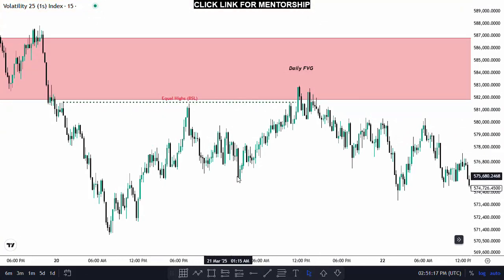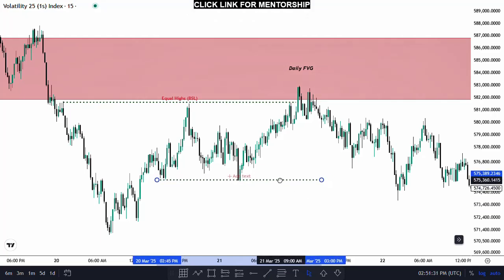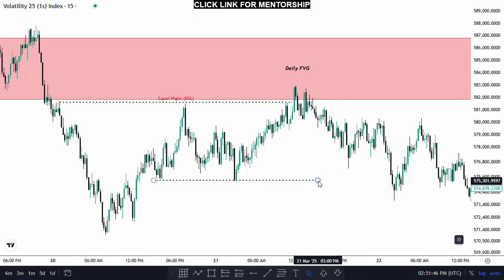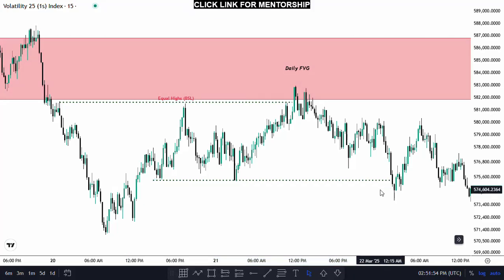Down here what we have are equal lows, so we can use that as our target. Right there, they are relatively equal. So when you enter, at least you have somewhere where you can get out.